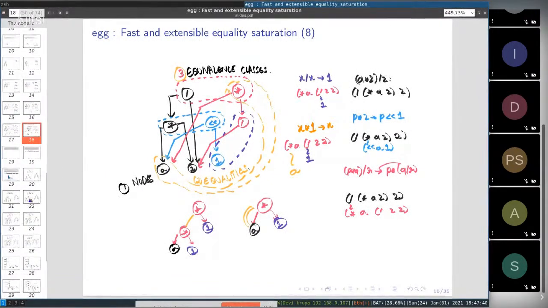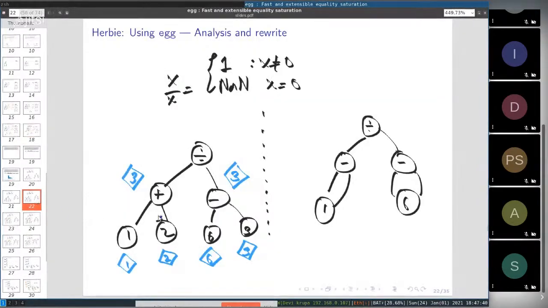But in general, because your library can do analysis of all the subtrees that you have as well, you can write any analysis that you want, which tries to assign a cost function to every subtree.